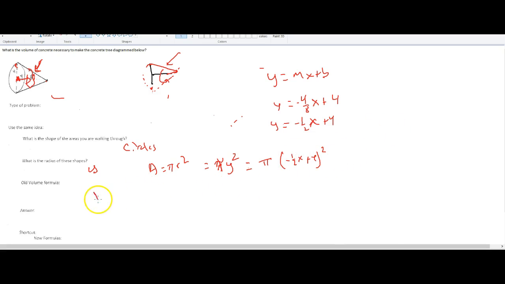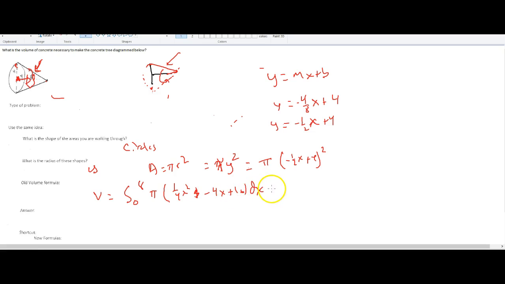The volume is equal to the integral starting at 0 and ending at 8, since we're walking in the x direction, of pi times... this is really icky, but I'm going to go ahead and FOIL this up, and I get 1/4 x squared minus 4x plus 16, and that's going to be dx.